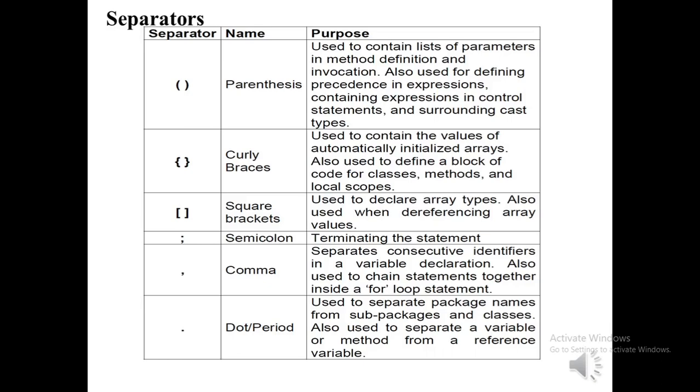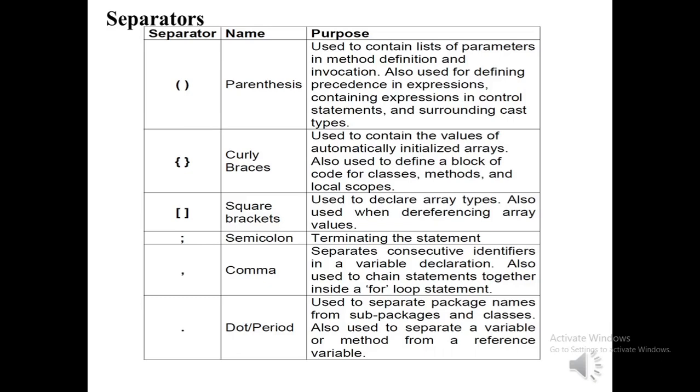They are used to contain the values of automatically initialized arrays, and also to define a block of code for classes, methods and local scopes. The next separator is square brackets. Square brackets are used to declare array types, and also for dereferencing array values.